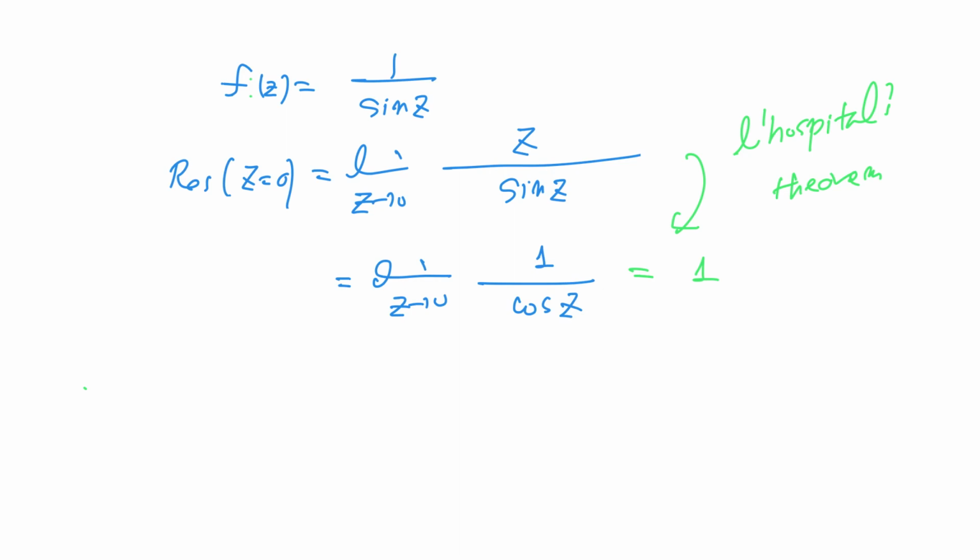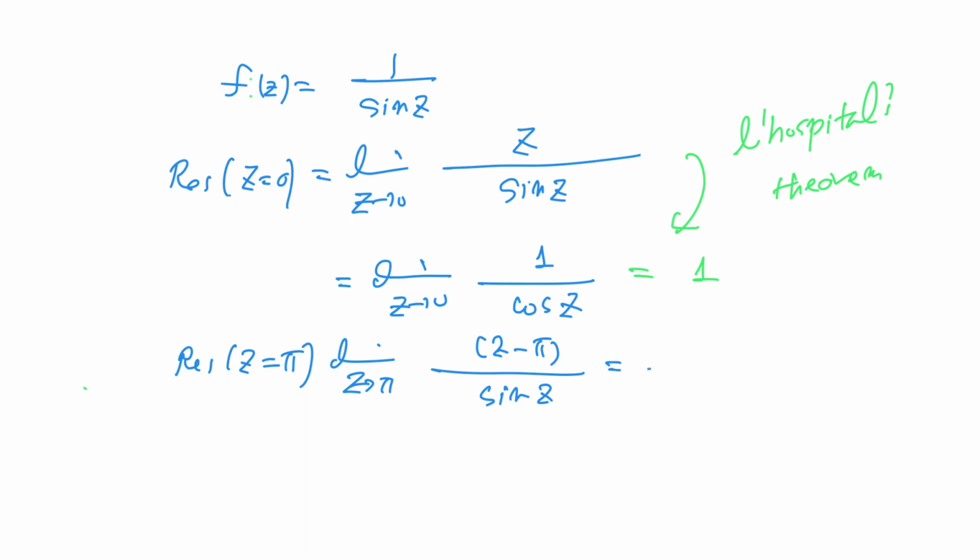How about pi? As z goes to pi, z minus pi over sine z, still the same, 1 over cosine pi, minus 1.